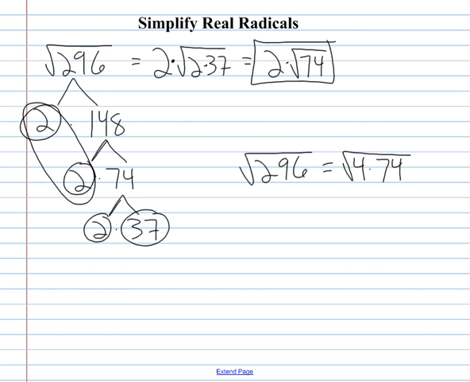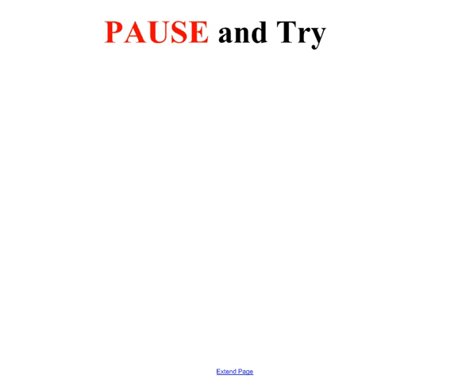And so the square root of 4 is regular 2. 74 just remains in the radical. So that's the other method. Again, it's a little more risky, but if you have good number sense, then it's a little bit quicker than the other method. Okay, well, why don't you pause and try this?